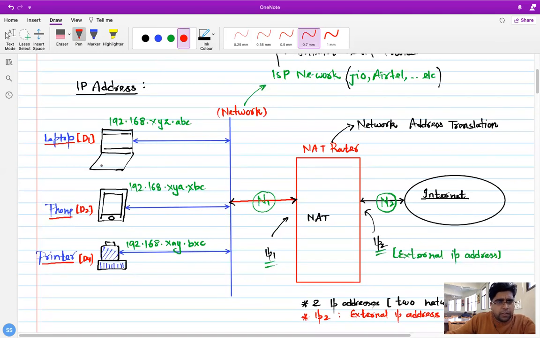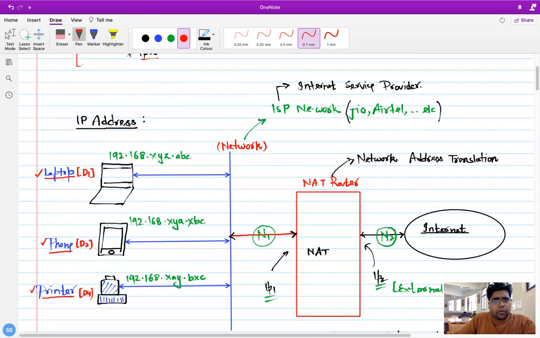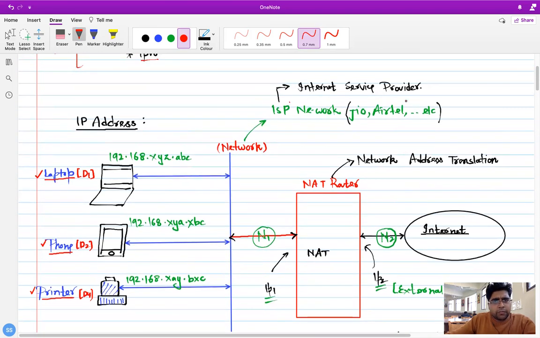We have different devices in our home. Let's say we have a laptop, we usually have a phone, we have a printer in some cases. We have different devices, and we have a common network in our home. Let's say you have Wi-Fi installed in your home, and your ISP, the internet service provider, is, let's say, Jio in that case.